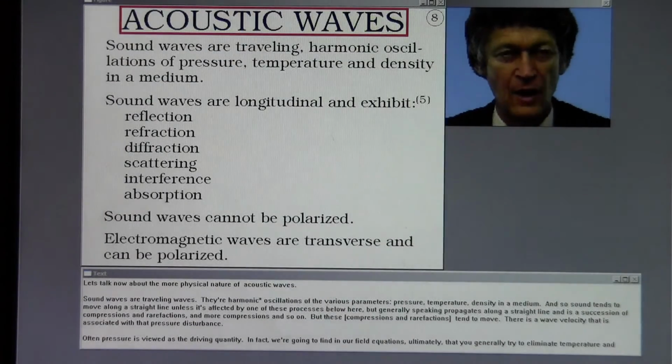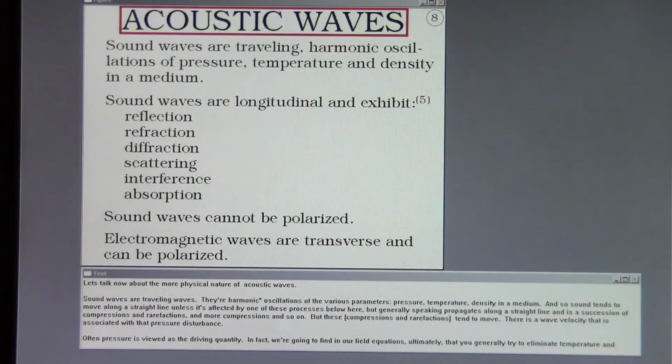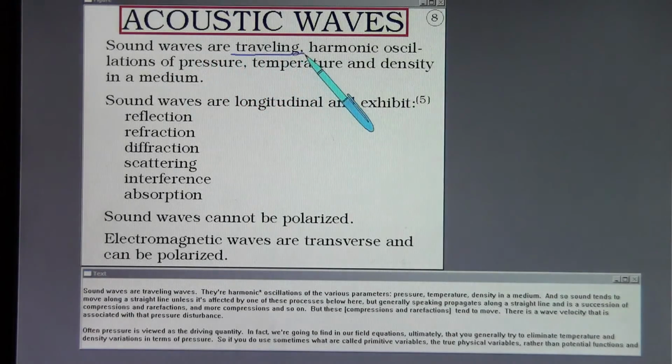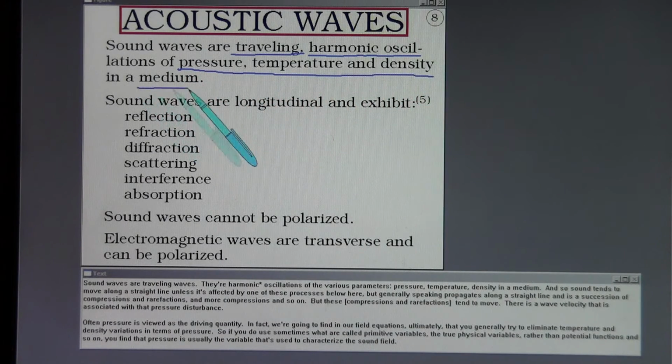Let's talk a bit now about the more physical nature of acoustic waves. Sound waves are traveling waves. They're harmonic oscillations of the various parameters, pressure, temperature, density, in a medium.